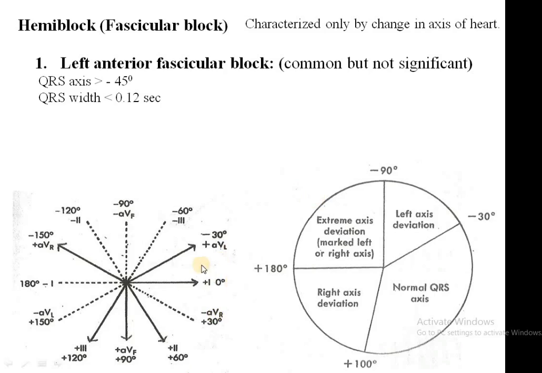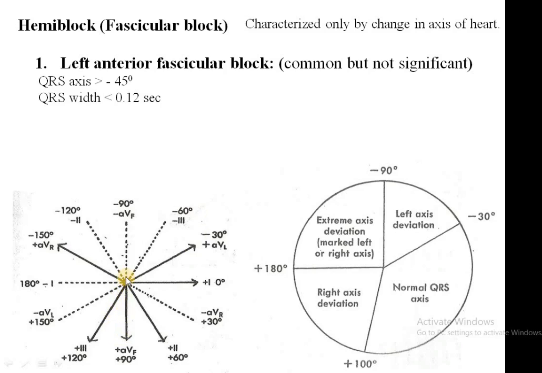So let us have a small revision for that. In case of left anterior fascicular block, the QRS axis is -45. So what kind of ECG will you be seeing? It is beyond this. In lead 3 you will see a typically negative S wave or negative pattern. In lead 1 you will see a positive pattern. In aVL you will see a dominant R wave.